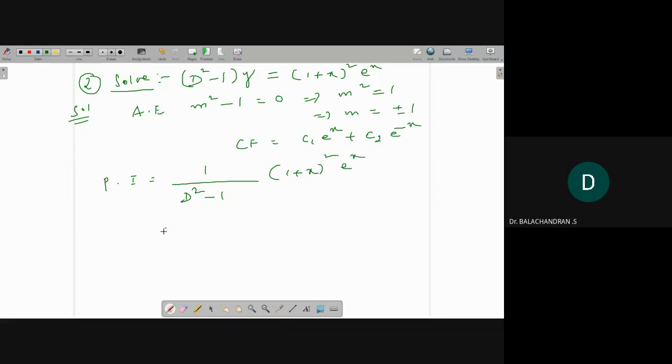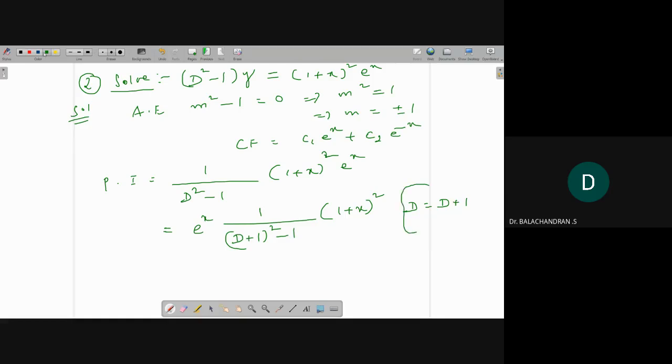So what is the first step? I should replace D by D plus a. What is a here? 1. So e power x, 1 by (D plus 1) whole square minus 1, into (1 plus x) whole square.